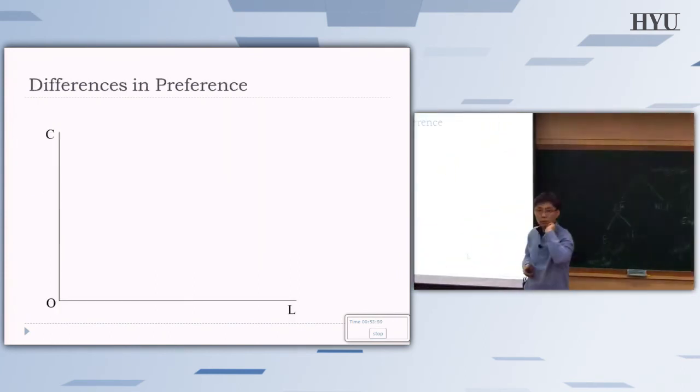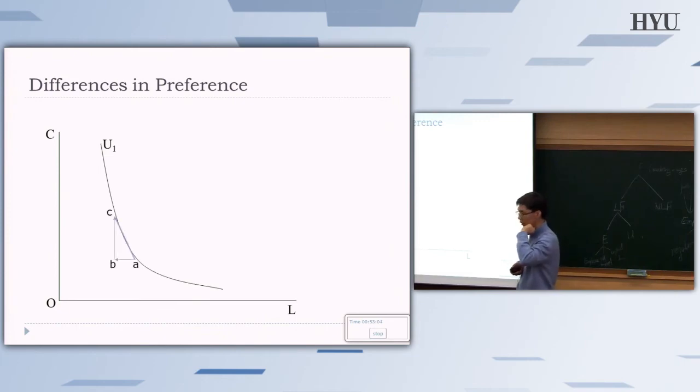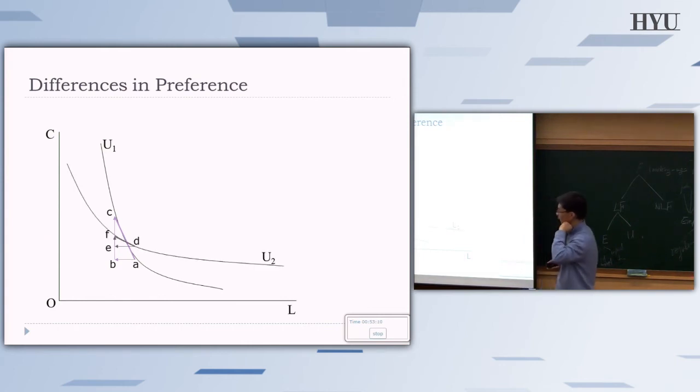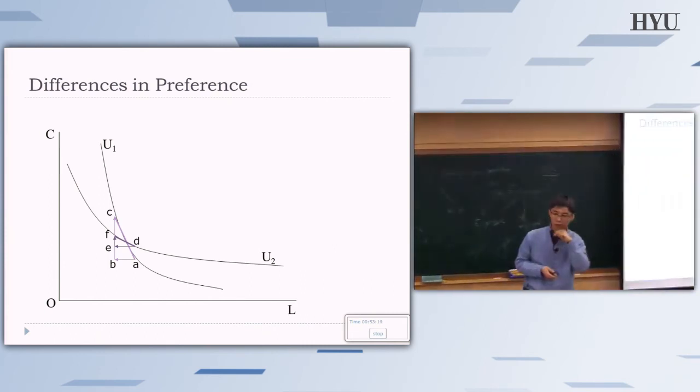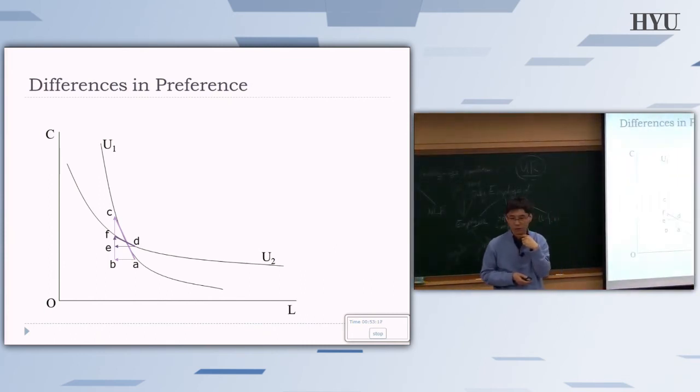When we have indifference curves, we can draw them to show the MRS. We have two individuals, 1 and 2. If these two were from the same person's indifference curves, obviously this would be a wrong diagram, because the same individual's indifference curves do not intersect.